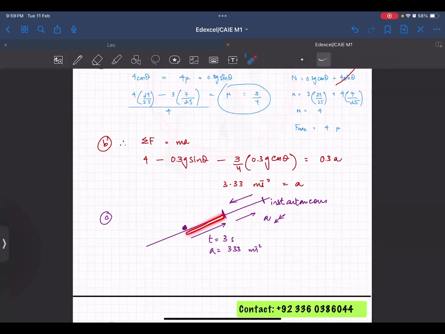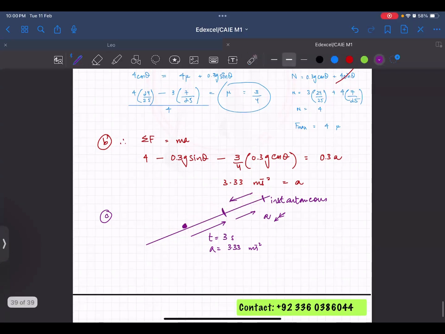For this part it is accelerating. After this, it decelerates because the force pushing it upwards is removed. It would decelerate until it reaches a maximum point. Its velocity over here would become 0, and after that it would come down. But we just want to find how much distance it travels from here till here.